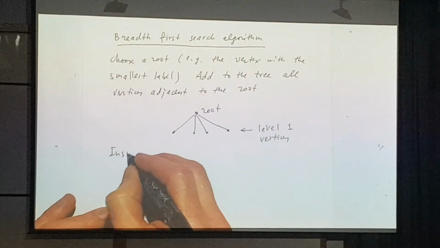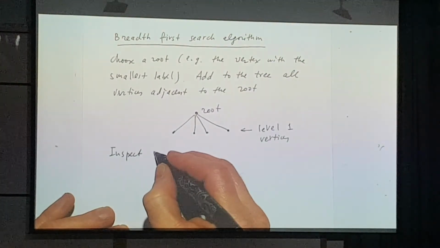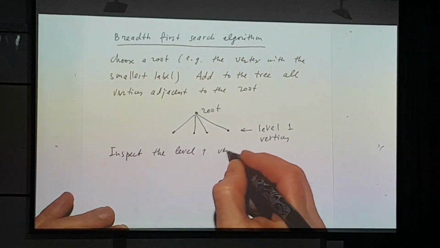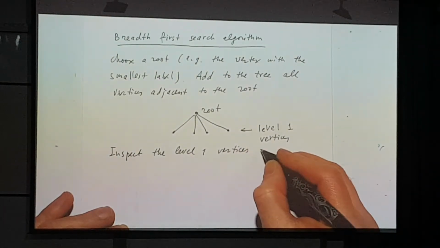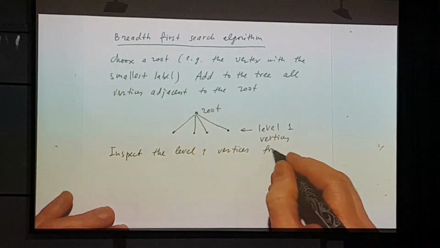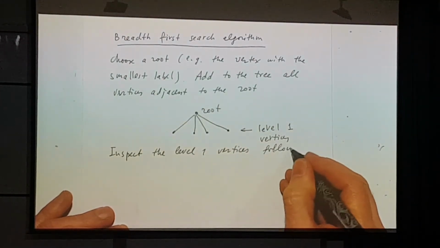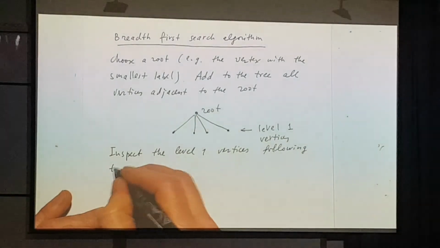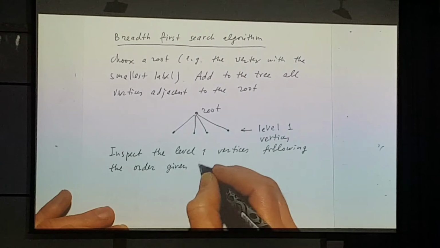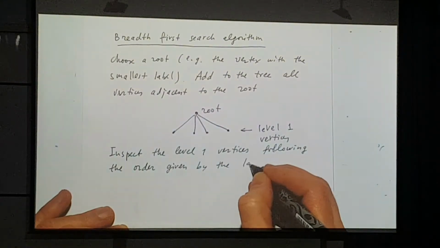So then inspect the level 1 vertices following the order given by the labels.